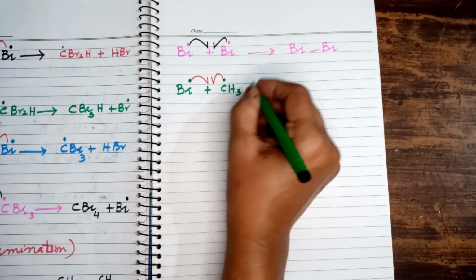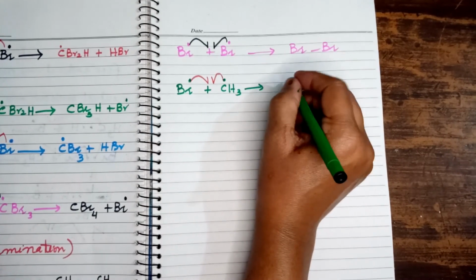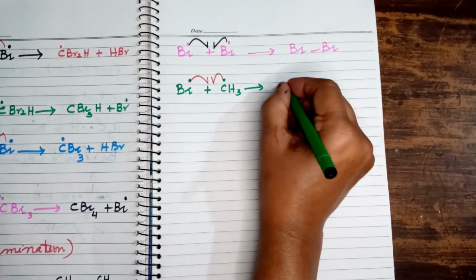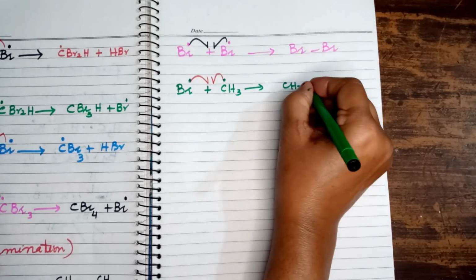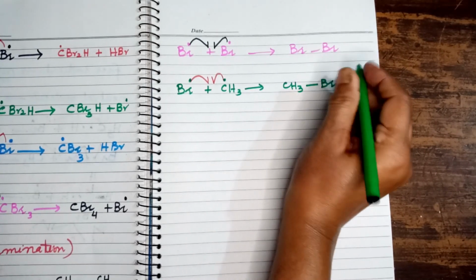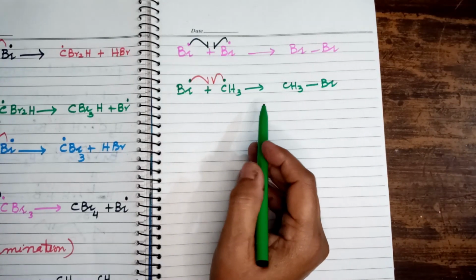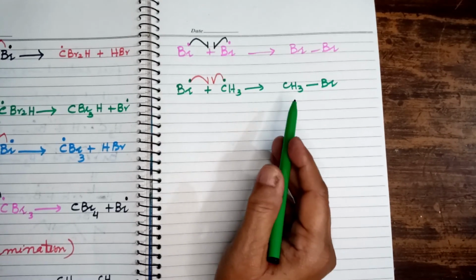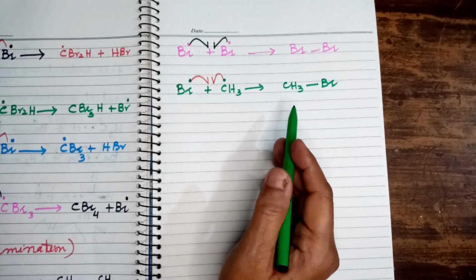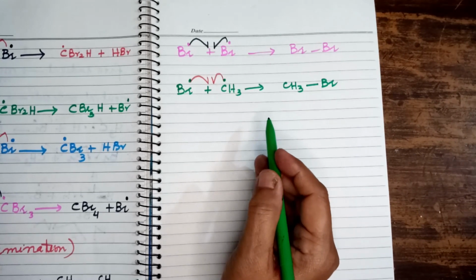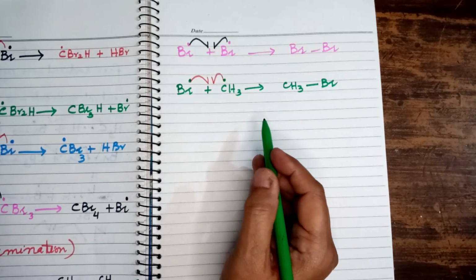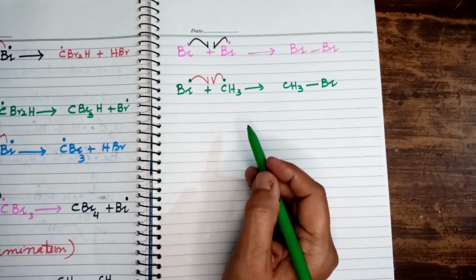So after the reaction, we will have CH3Br. So in this way, all the free radicals, they are terminated from the medium. I hope this reaction and mechanism is clear to you.